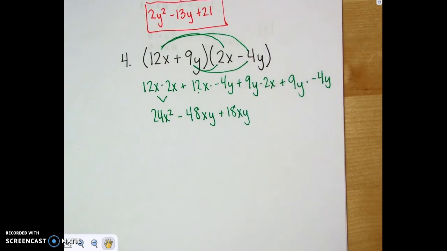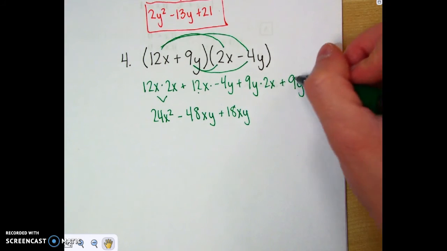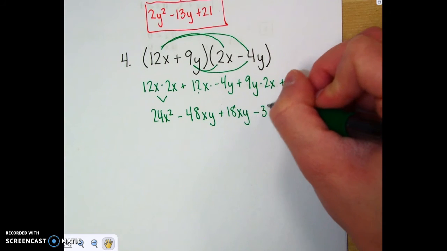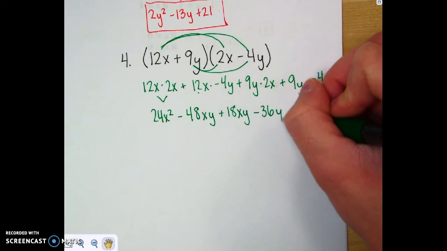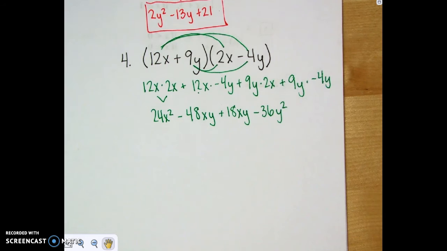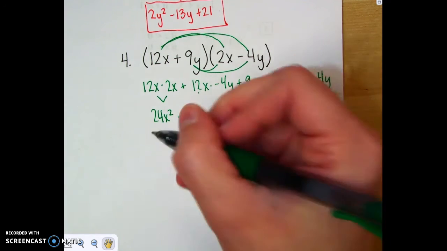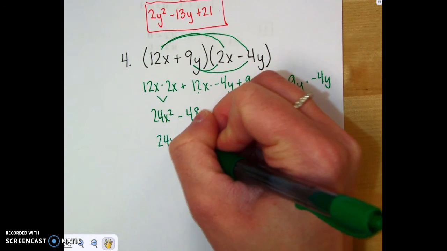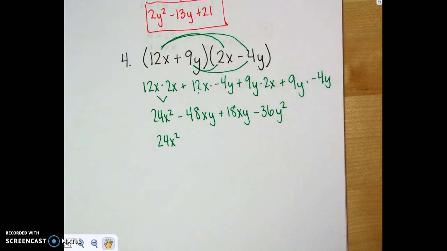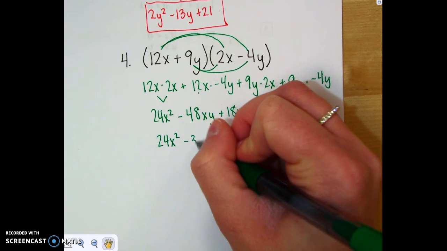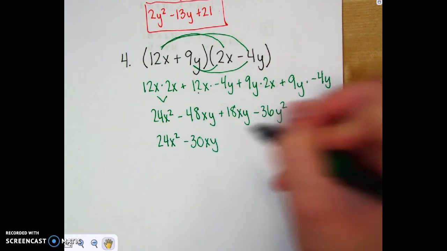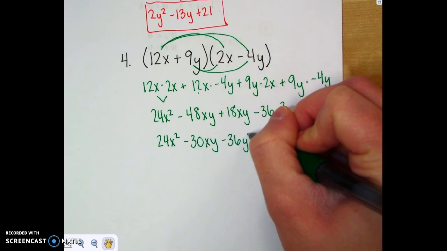Bring down the x and the y. And 9 times negative 4, that's a negative 36y squared. Okay, these two in the middle have the same x and y. So this becomes 24x squared minus 30xy minus 36y squared.